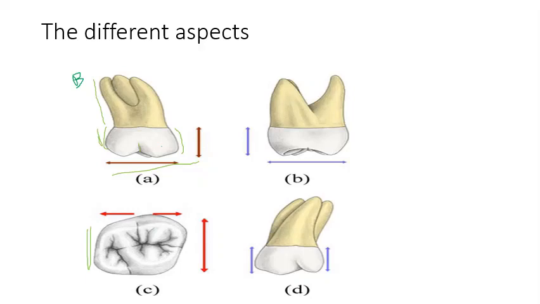This is the mesiobuccal cusp, which is larger as compared to the distobuccal cusp, and this is the distobuccal cusp. The buccal groove is a bit distally present due to the smaller size of this distobuccal cusp. This distobuccal cusp is smaller and a bit sharper than the mesiobuccal cusp.